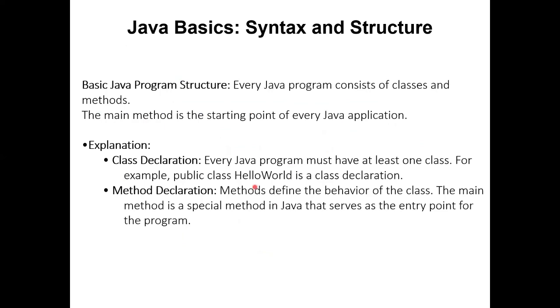Every Java program must have at least one class. For example, public class HelloWorld is a class declaration. We need to declare at least one class in the program. Methods define the behavior of a class, and the main method is a special method in a Java program.